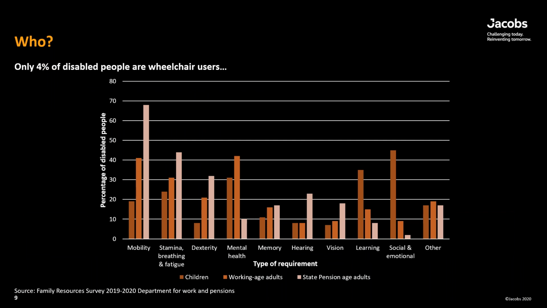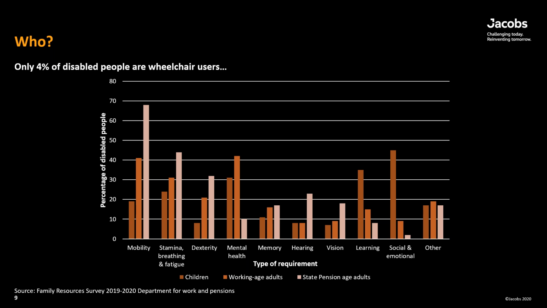Just on the point about wheelchair users, I'm not going to spend long on this slide, but it just highlights the range of requirements that exist. This is taken from a Family Resources Survey a couple of years ago, to be honest, from the Department for Work and Pensions. But I just wanted to highlight this because we do tend to think of wheelchair users when we talk about disability, but only 4% of disabled people are actually wheelchair users.